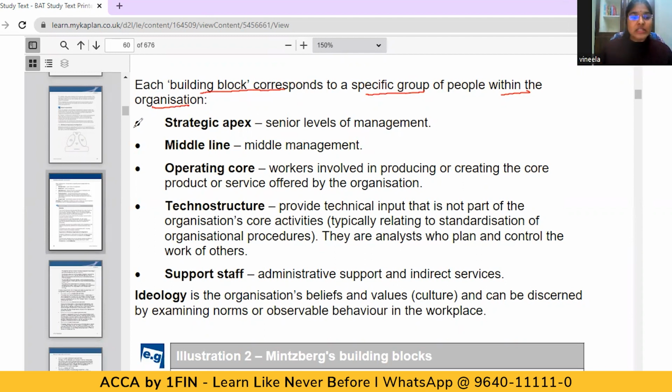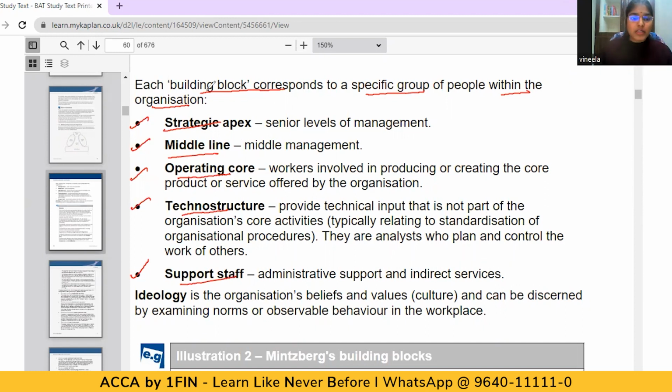As we have seen, this structure has 5 blocks: strategic apex, middle line, operating core, technostructure, and support staff. Understand this, we can call it a hierarchy for an organization. Why? Because the top level is the highest level in the hierarchy, the middle line is the middle level, and the operating core is the last level of your hierarchy. And this hierarchy is supported by technostructure and support staff.